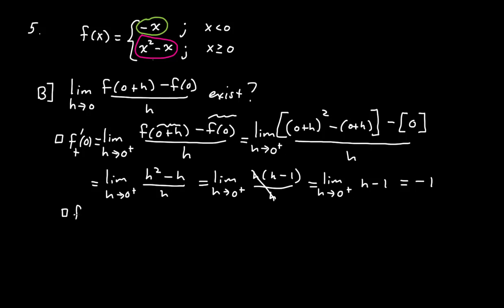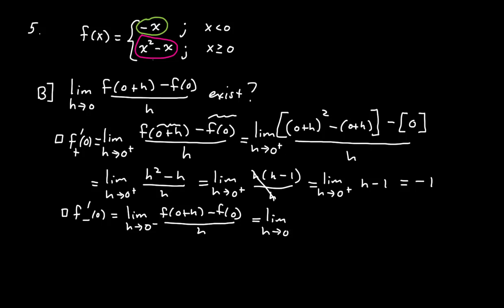Now let's investigate the slope from the left. This time it's the limit, and it's kind of a pain. We're writing what seems like the same exact information at first, except from the left: f of 0 plus h minus f of 0 all over h. And then it's the limit as h approaches 0 from the left.